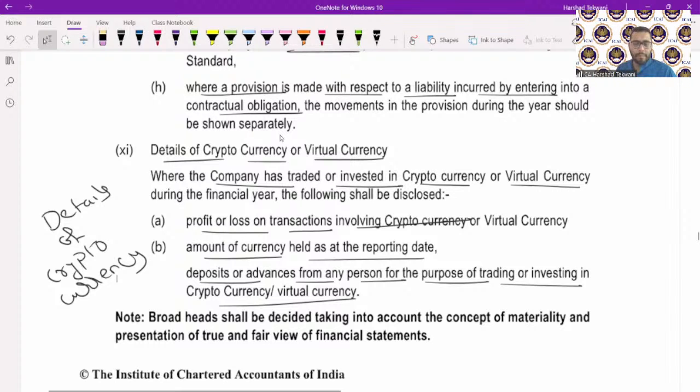CIF means cost, insurance, freight. It's a shipping term. Visualize, it's the company that needs to present this in the financial statements. If the company doesn't have appropriate knowledge, they can hire a technician or technical expert or advisor for this particular disclosure.